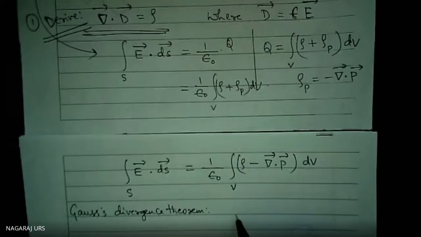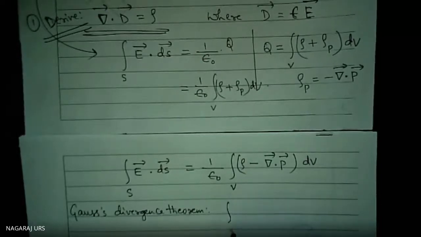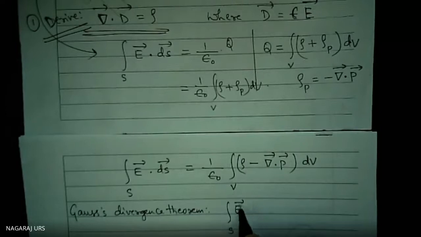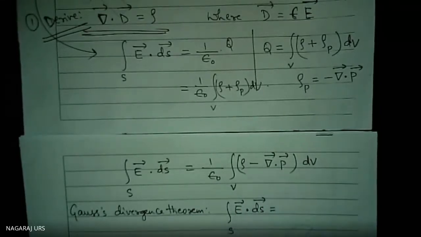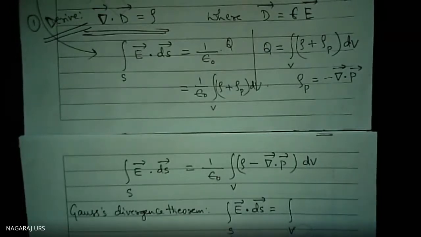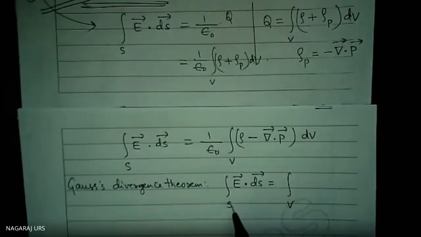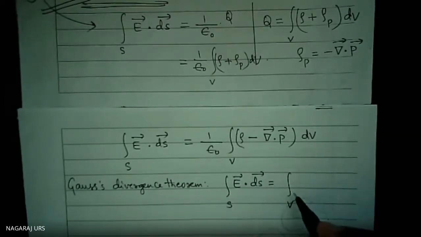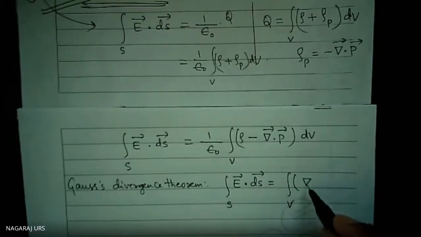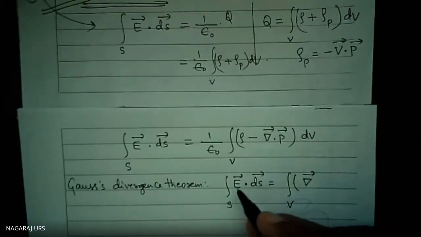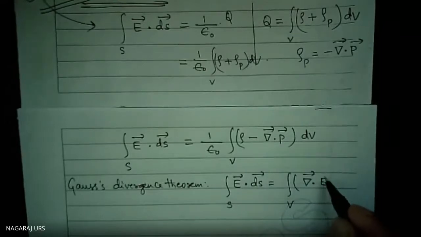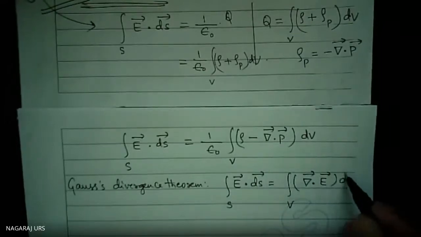According to the Gauss divergence theorem, the surface integral of E dot ds is equal to the volume integral of del dot E into dV. I am converting the surface integral into a volume integral.